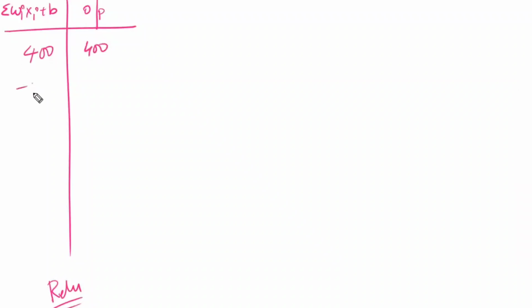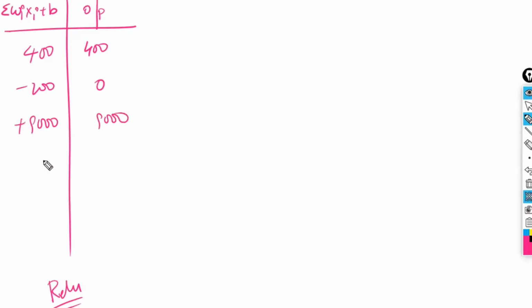If the value is -200, the output is 0. If the value is plus 9,000, it is 9,000. If the value is -40, it is 0. -248, 0. Now make a line plot for this, taking these as x values and these as y values.